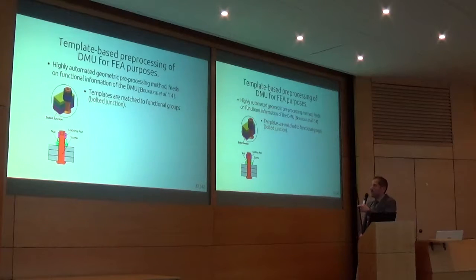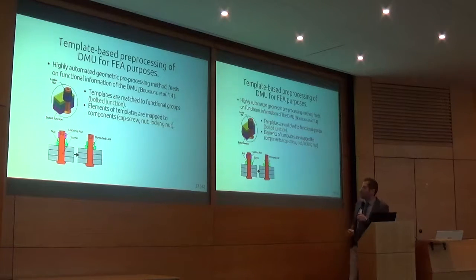For instance, a bolted junction is matched with a template. Now, this method feeds on our proposed approach. So the bolted junctions are recognized thanks to their functional annotation, functional clusters.